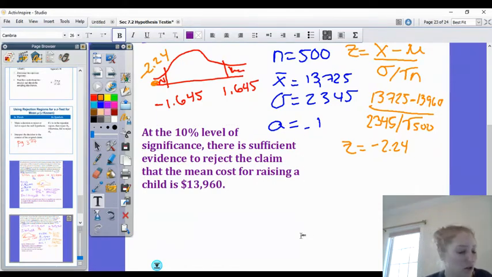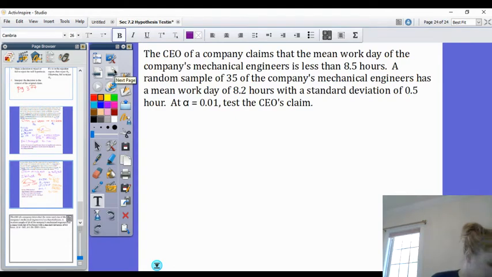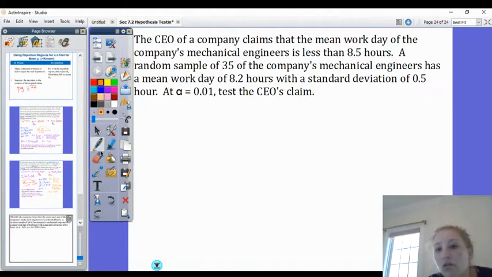Okay, let's do one more example, and I'm going to show you how to do this in the calculator. Yay! The CEO of a company claims that the mean workday of the company's mechanical engineers is less than 8.5 hours. So the claim is the mean is less than 8.5 hours.